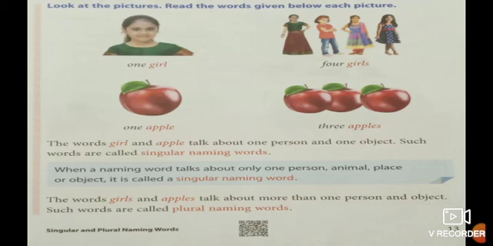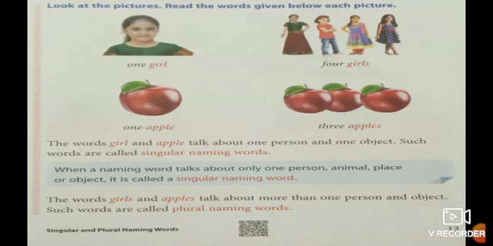Okay, so only girl is written and next apple is written. So children, whenever we talk about one person, one animal, one thing, whatever it is, whenever we talk about only one, it is called singular naming words. Okay.